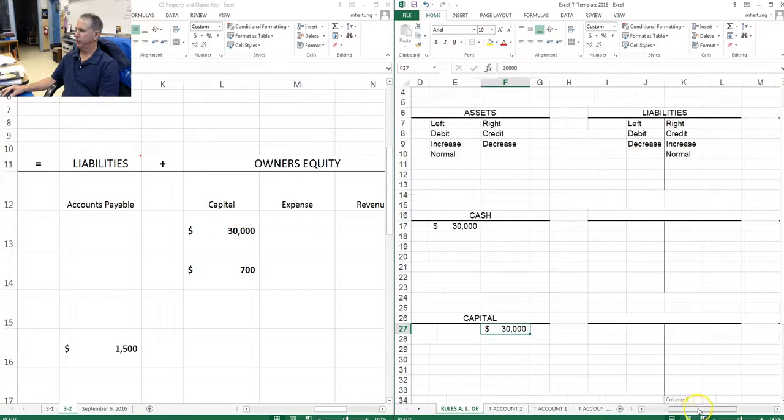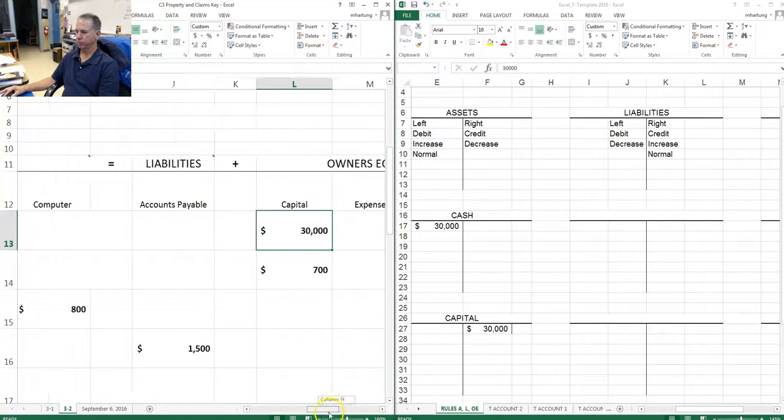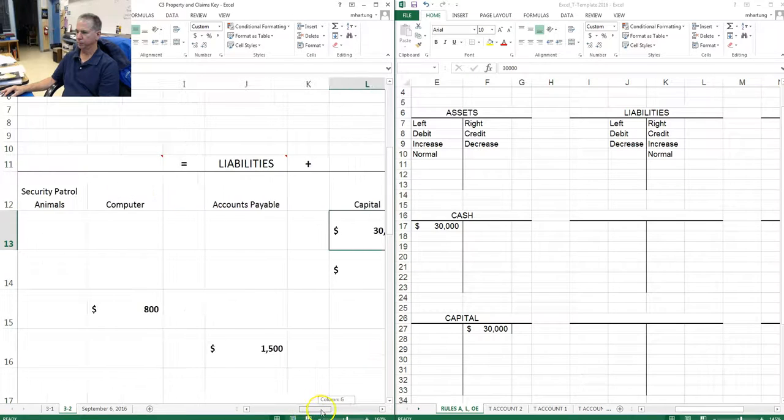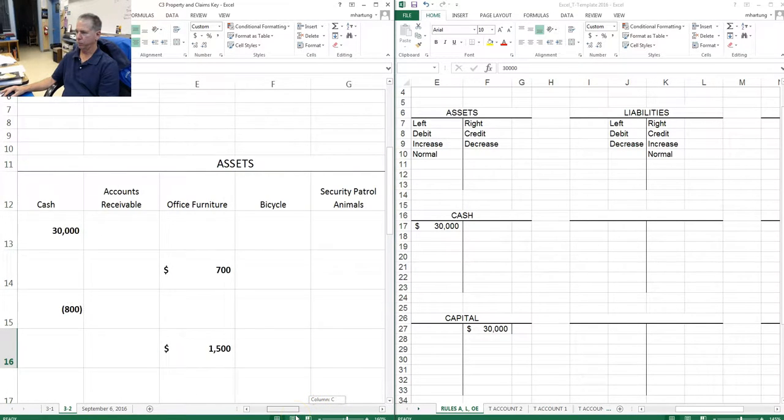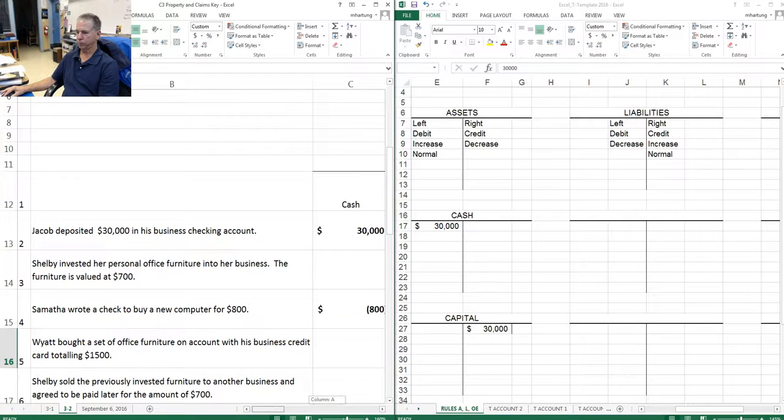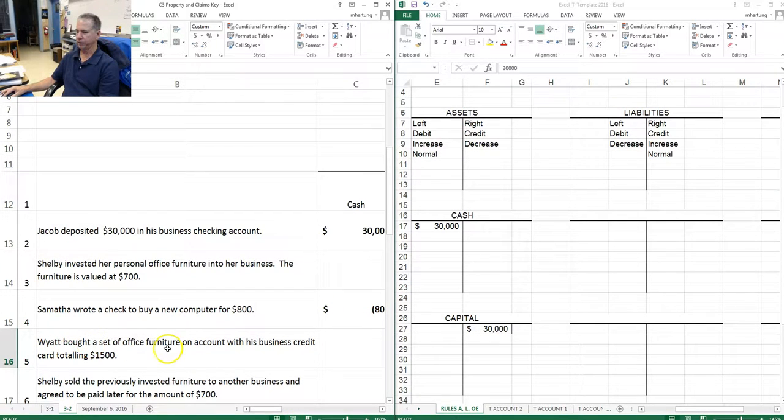Let's go see if we have a liability transaction over here somewhere. There's one right there. Let's see what that was. Wyatt bought a set of office furniture on account with his business credit card totaling $1,500. So on account tells us that we didn't pay for it right away, that we have a liability created here.